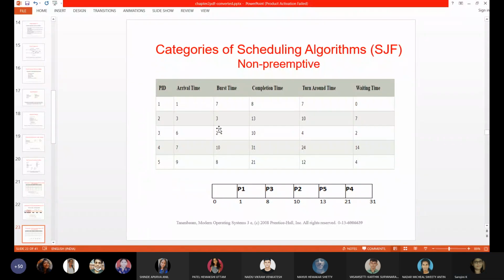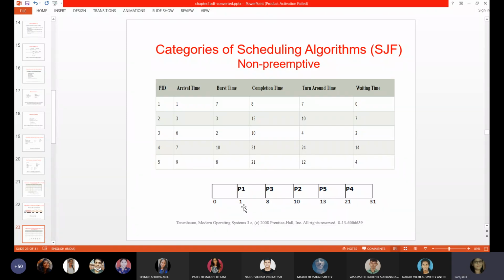So in 1 millisecond only process P1 arrived. Its CPU burst time is 7 milliseconds. So process P1 started at 1 millisecond, because it is arriving at 1 millisecond only. P1 started. It is non-preemptive, isn't it?